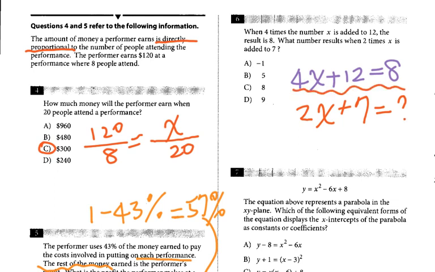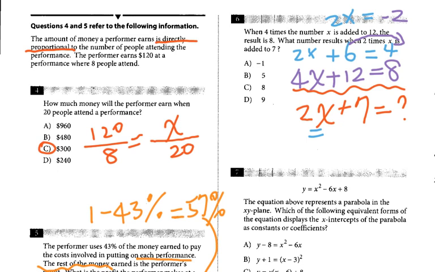How can I get the 2x? You have to divide everything by 2. So I got 2x plus 6 equals 4. Then for 2x, I minus 6, then I get negative 2.